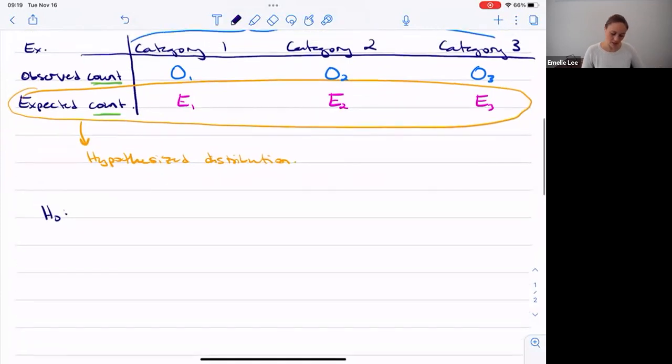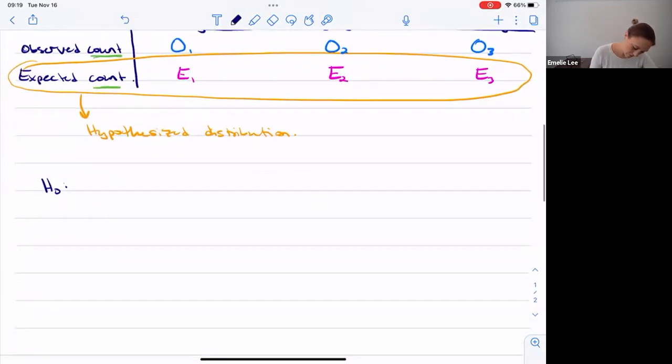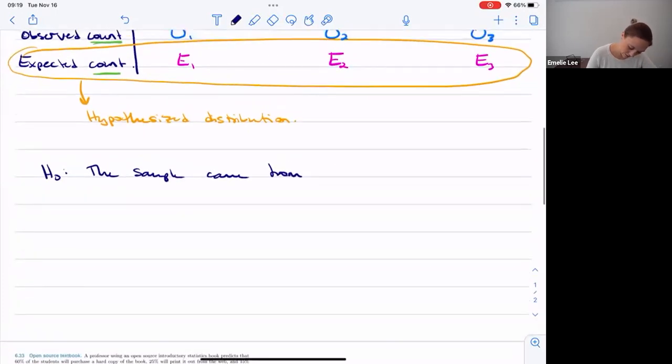So in general, your null hypothesis is going to be that the sample came from the hypothesized distribution. And I know that sounds weird because the hypothesized distribution is in the hypothesis, but the sample came from the hypothesized distribution.